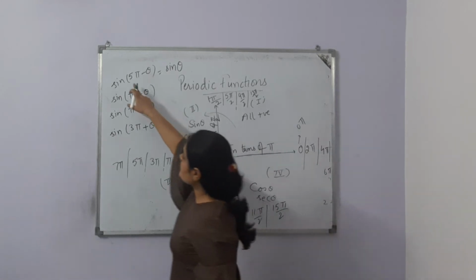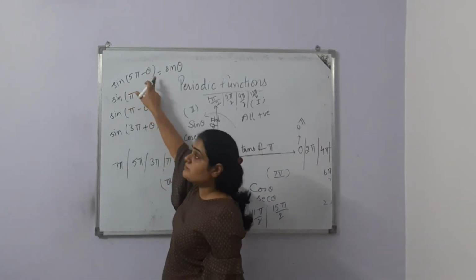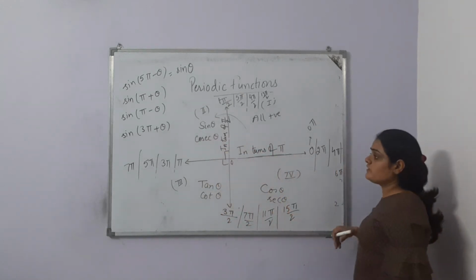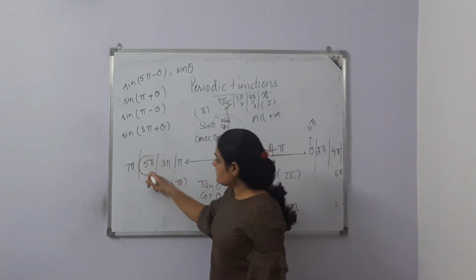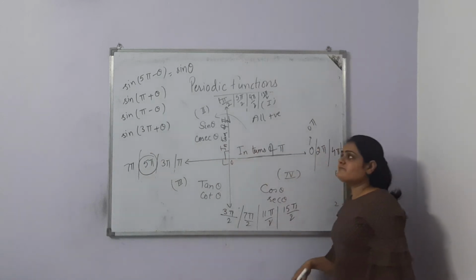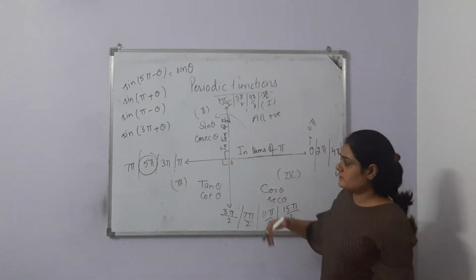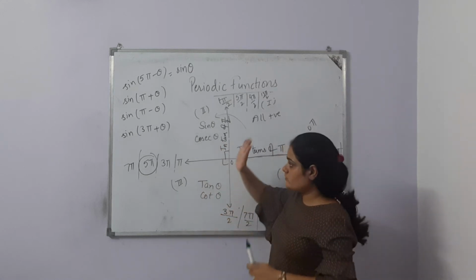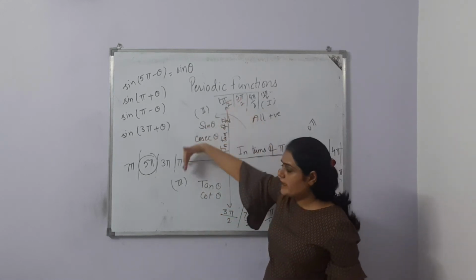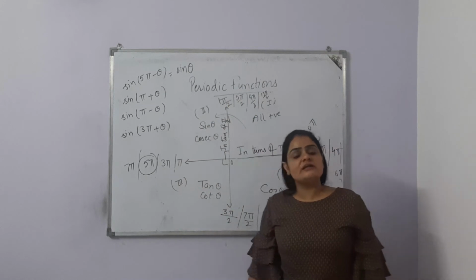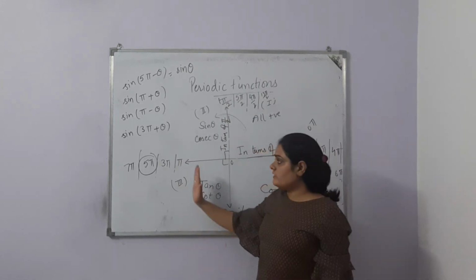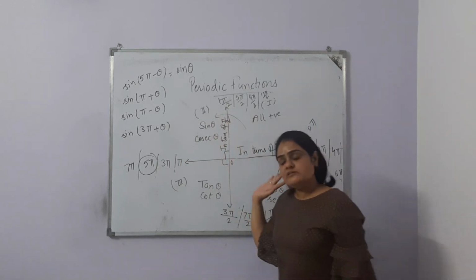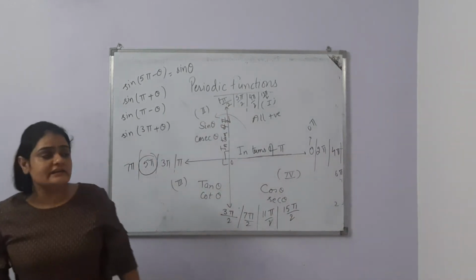Sine of 5 pi minus theta's answer will be the same as sine theta, but one thing more: where is 5 pi? 5 pi is here. Minus means we are going in the opposite direction. Whenever your hand is moving anti-clockwise, that means we are in the positive direction. Whenever your hand goes clockwise, that means you are in the negative direction.